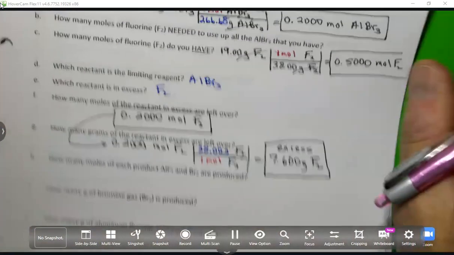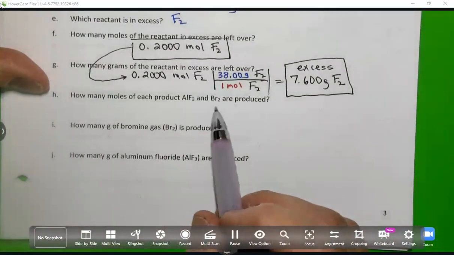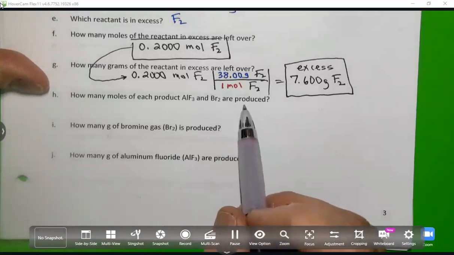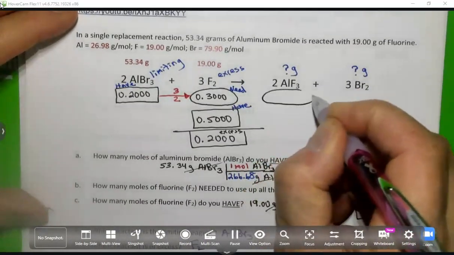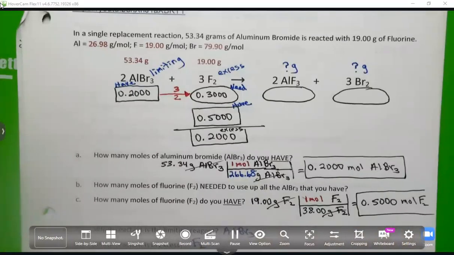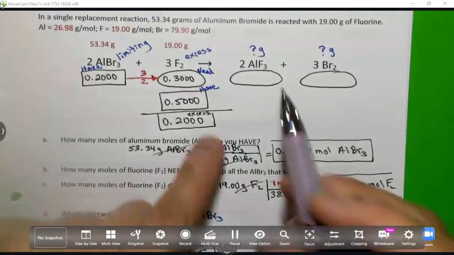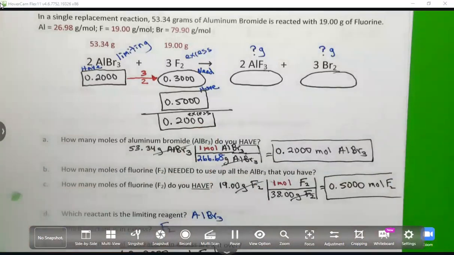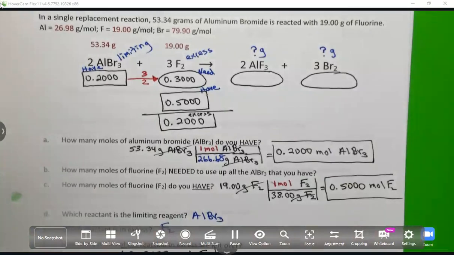Now, next question. How many moles of each product, aluminum fluoride and bromine, are produced? I'm looking for these moles right here. To find those moles, you come off of what you have of the limiting, right? Because once the moles of limiting is used up, the reaction stops.